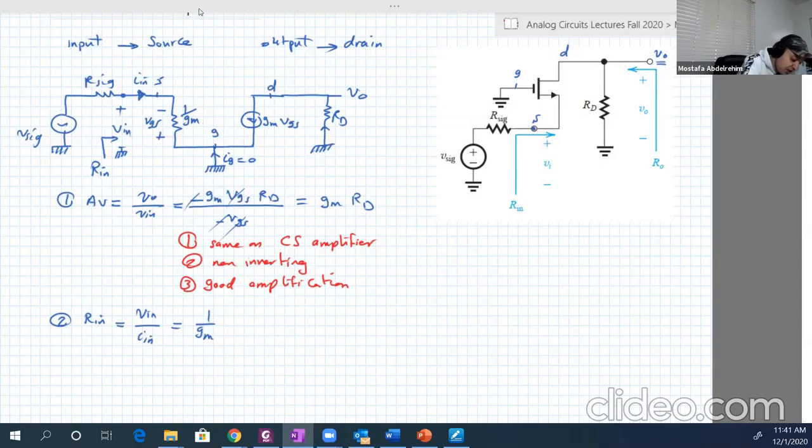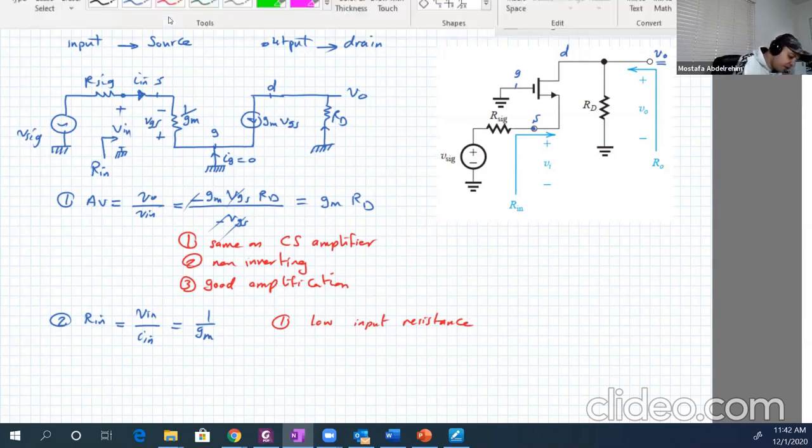And this is usually, here is the observation, low input resistance. So till this moment, it's non-inverting, which is good, good gain, okay, but it has low input resistance, different from the common source amplifier. Okay, number 3, Ro.